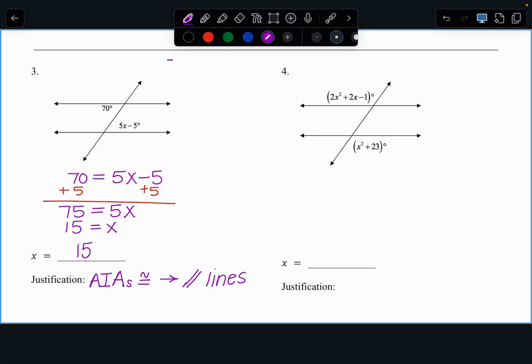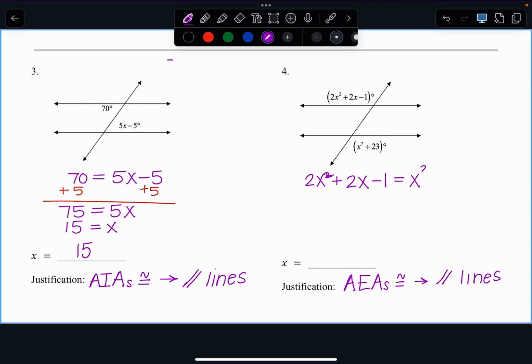What's the relationship between these two angles in number 4? Alternate exterior angles are congruent, meaning we've got parallel lines. So we know that 2x squared plus 2x minus 1 equals x squared plus 23.